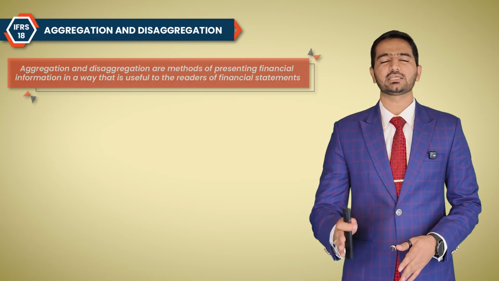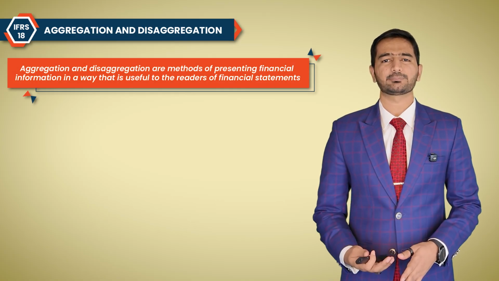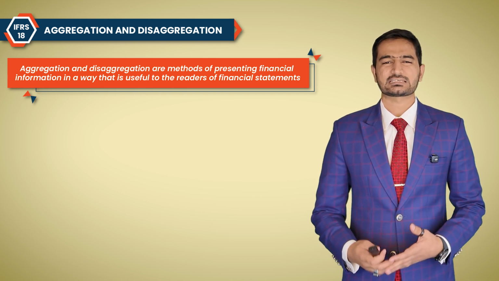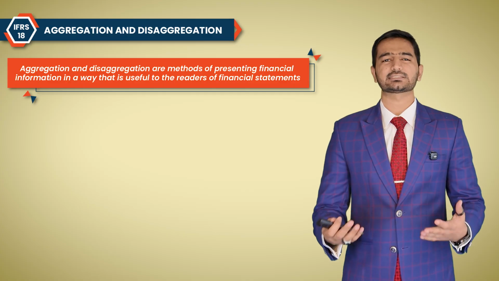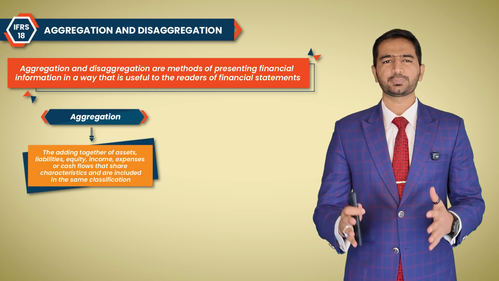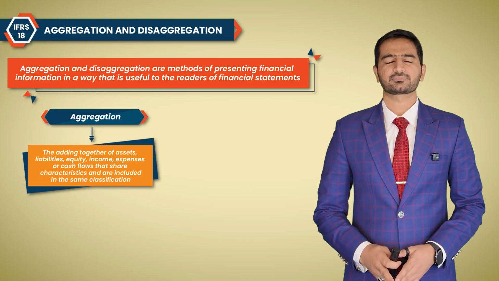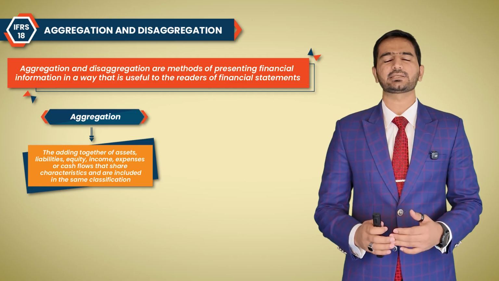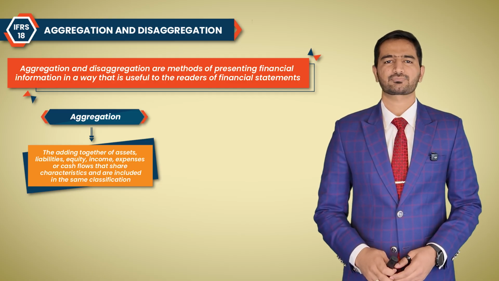Alright, let's begin with the basics. Aggregation and disaggregation are methods of presenting financial information in a way that is useful to the readers of the financial statements, such as investors, creditors, and others. Aggregation simply means grouping similar items together. It is when you combine similar items into a single line item in the financial statements.